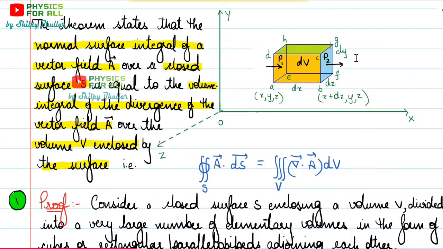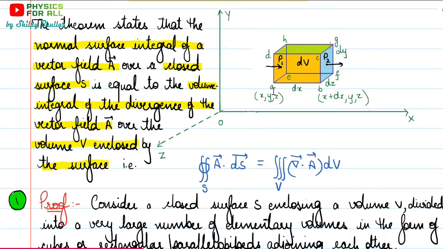To see the changes which are occurring along the x-axis, we have to consider these two sides. You can see the side AEHD and the side BFGC. So these are the sides that we would consider, and we are saying that the flux is entering from P1 and going out through P2.